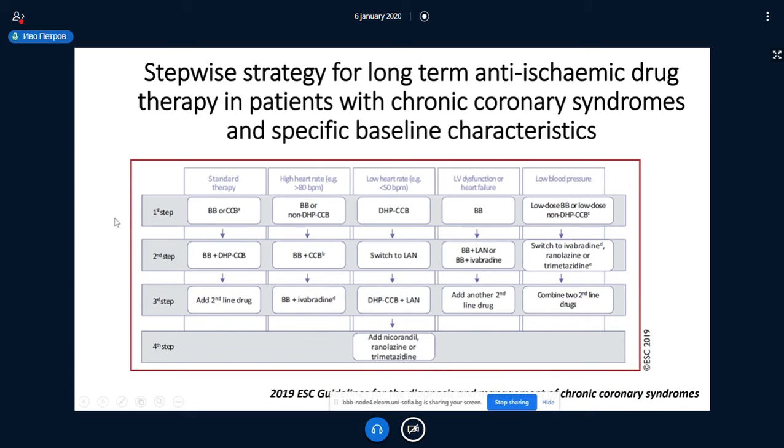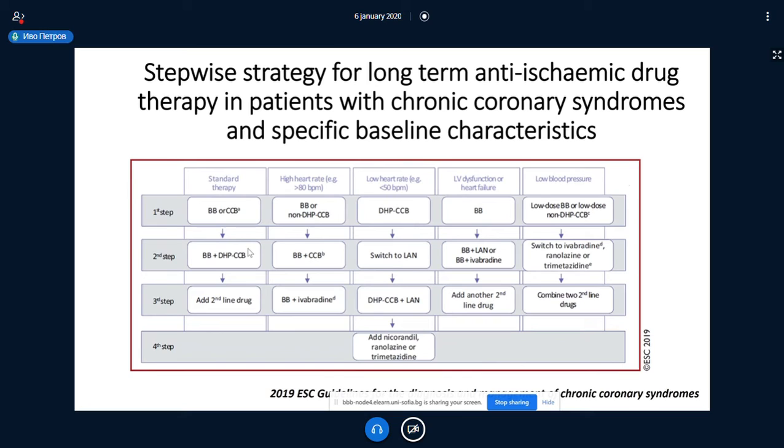And in some situations, for example, because in 30–40% of the coronary artery disease patients they also have peripheral arterial disease, we are not going to start with beta blockers because the beta blockers are decreasing the flow into the peripheral arteries. In this situation, we have to start with calcium channel antagonists.